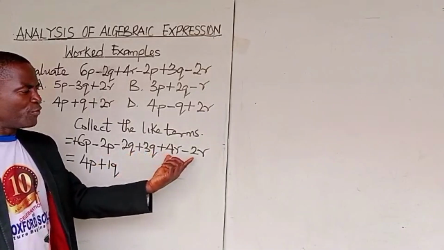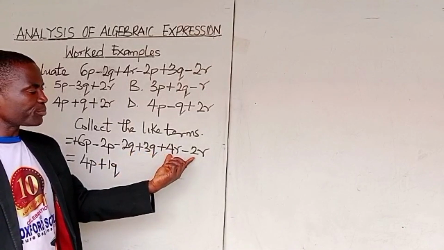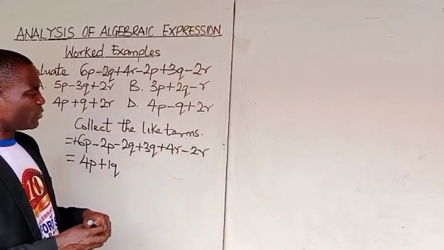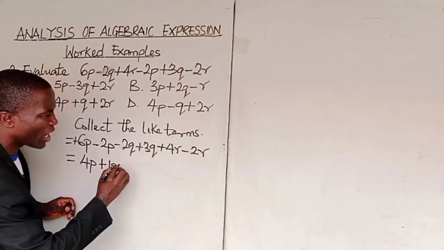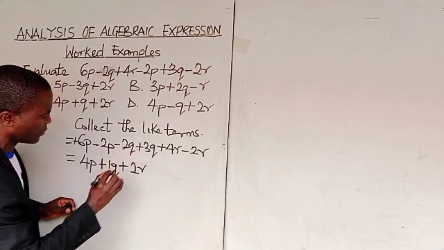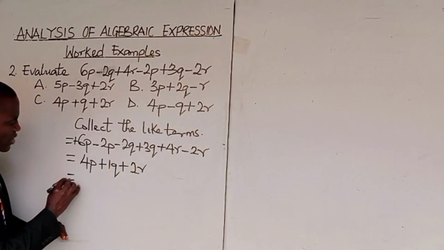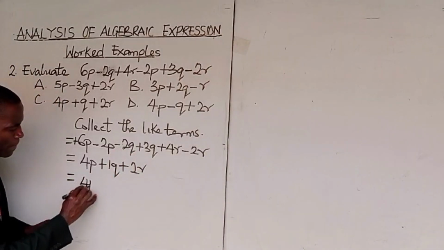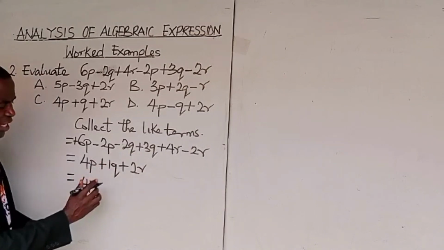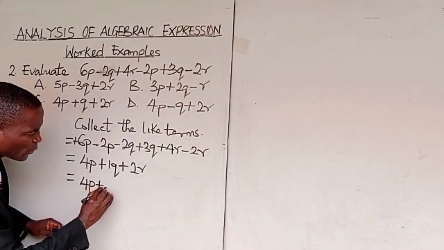Then we now proceed to variable r. Here we have 4r minus 2r. Easily, the result is going to be plus 2r. Then finally, here is 4p. Remember again, this is 1q. 1q is still the same thing as q.